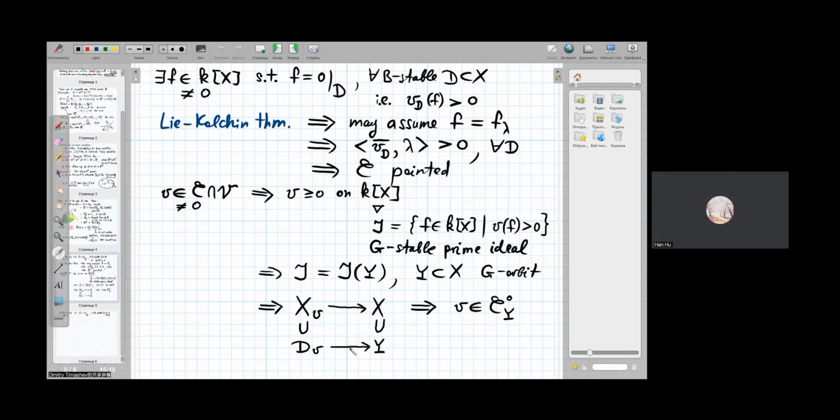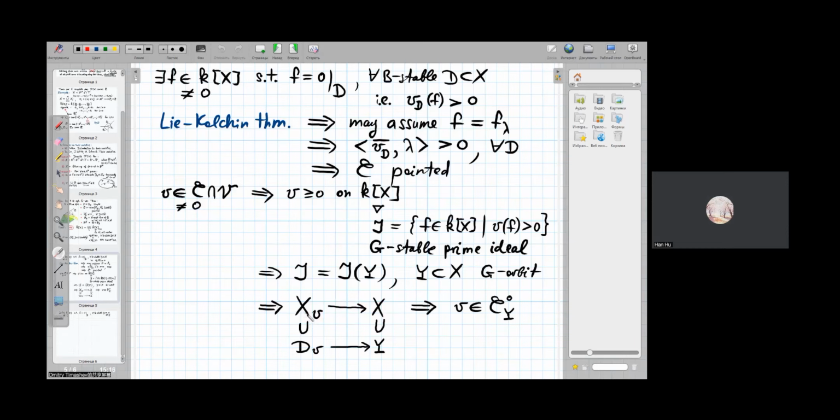This was discussed in previous lectures. We had a lemma about this situation. Here we do not construct this map. We started with some v, and we claim that such a map exists.